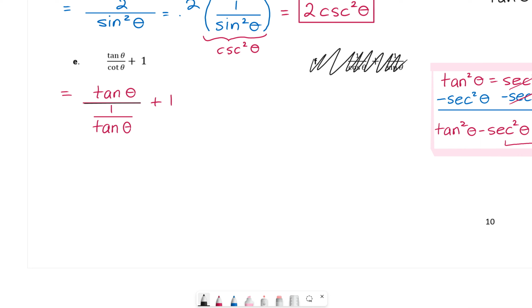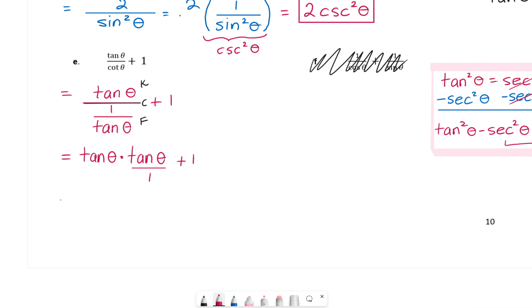So now I have this stacked fraction, this complex fraction, where I could keep, change, flip, which I prefer you guys say multiply by the reciprocal, but I know those little catchphrases help you guys. So keep the tangent theta, multiply by the reciprocal of 1 over tangent, which becomes tangent theta over 1, or just tangent theta, plus 1.